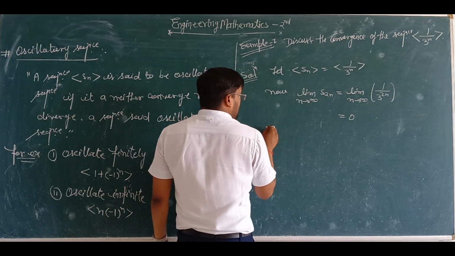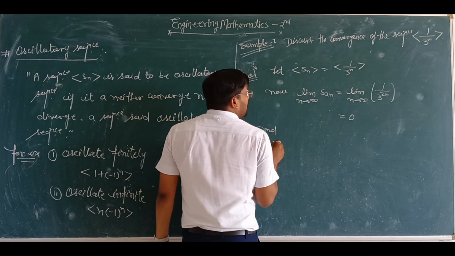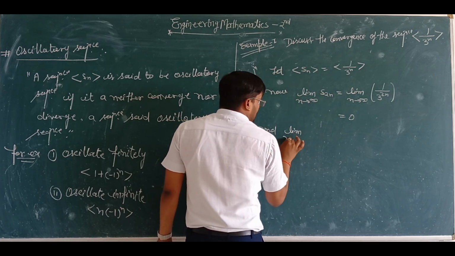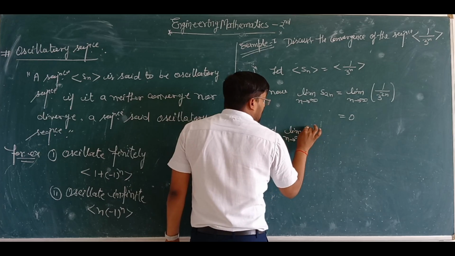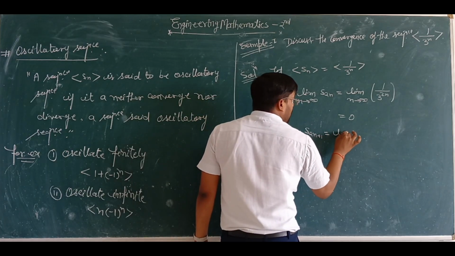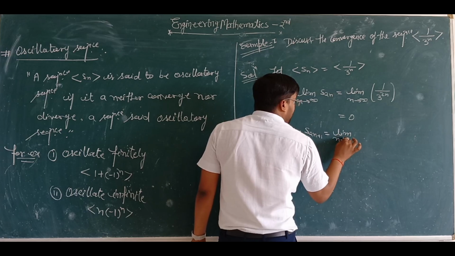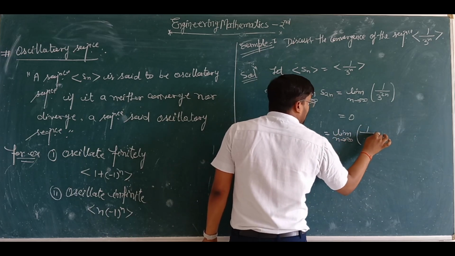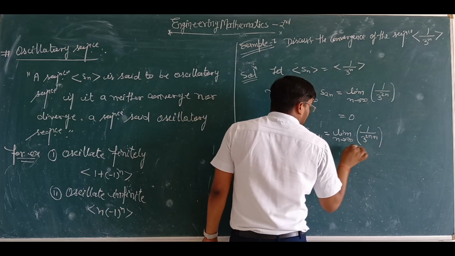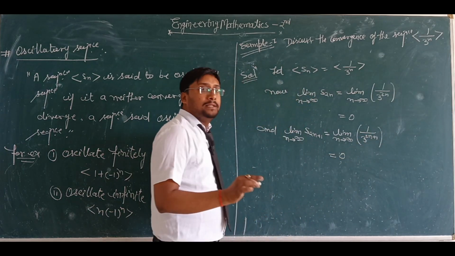Now second, find the value of the limit of S2n plus 1. You can write limit n tends to infinity 1 upon 3 to the power 2n plus 1, and again the value is 0.